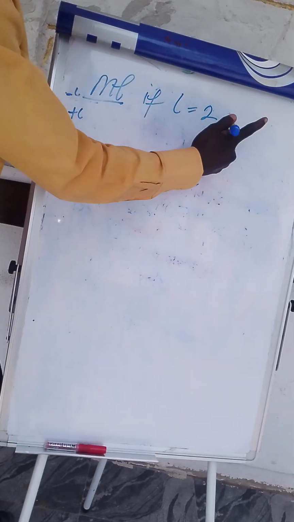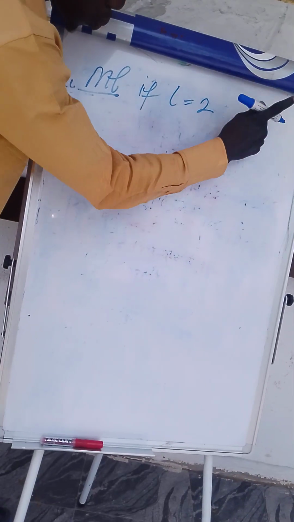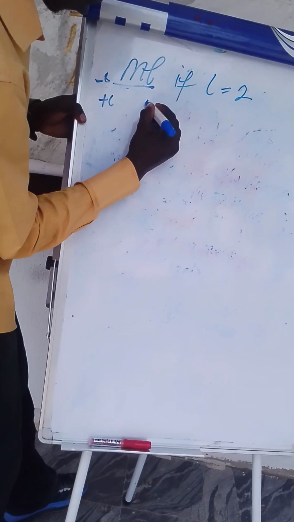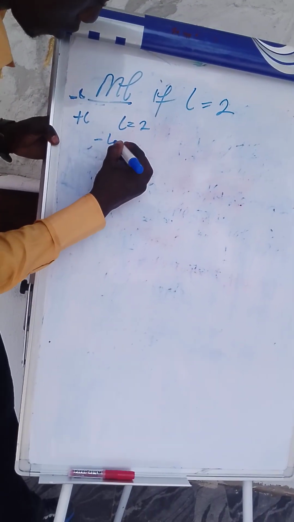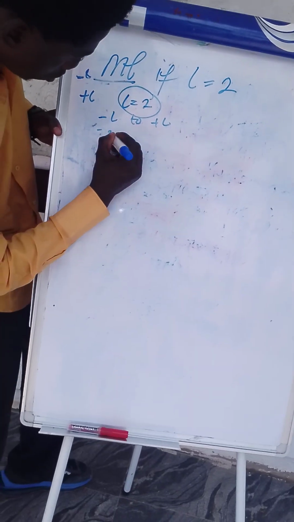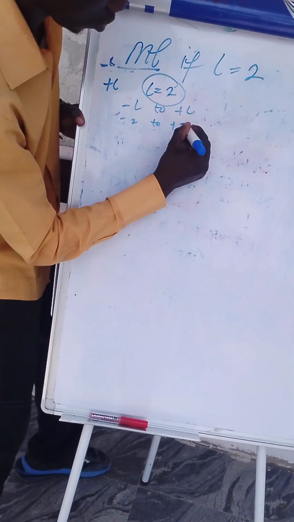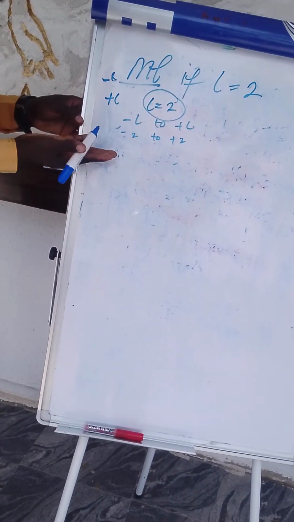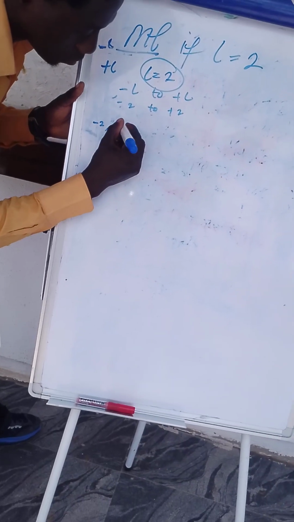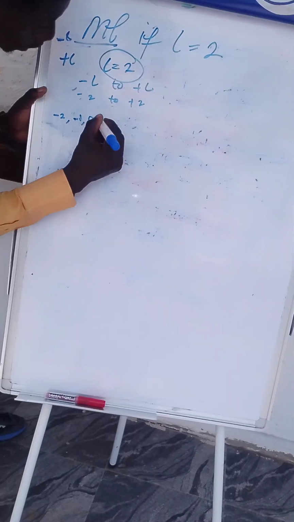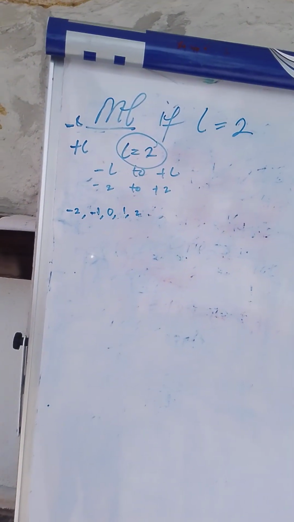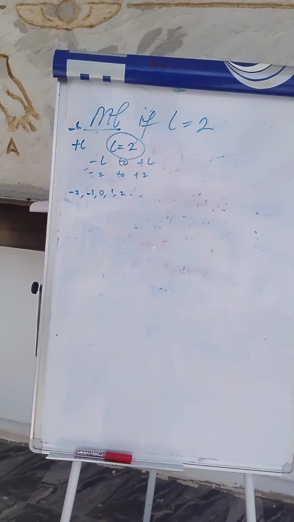That means it's ranging from minus L to plus L, so minus 2 to plus 2. Then you begin to write from minus 2 down to positive 2. So minus 2, minus 1, 0, 1, 2. Simple. These things are very simple. I think you guys understood very well.